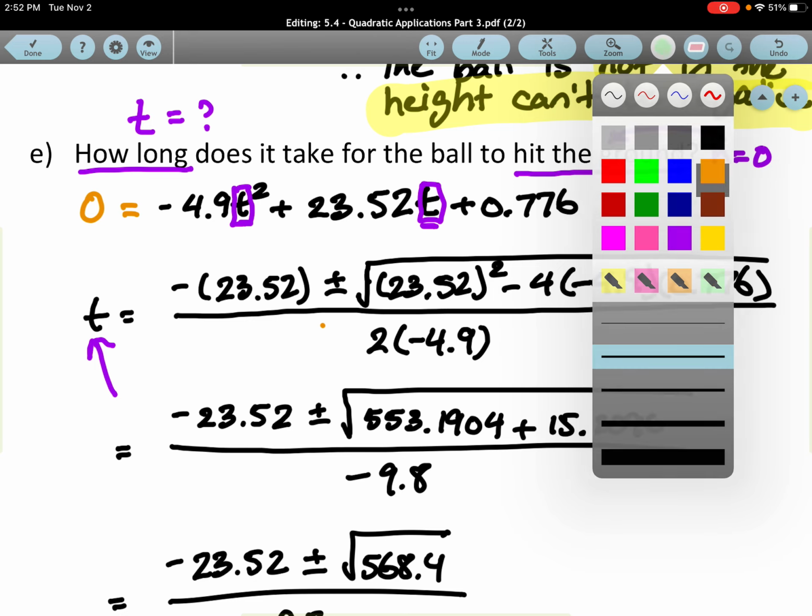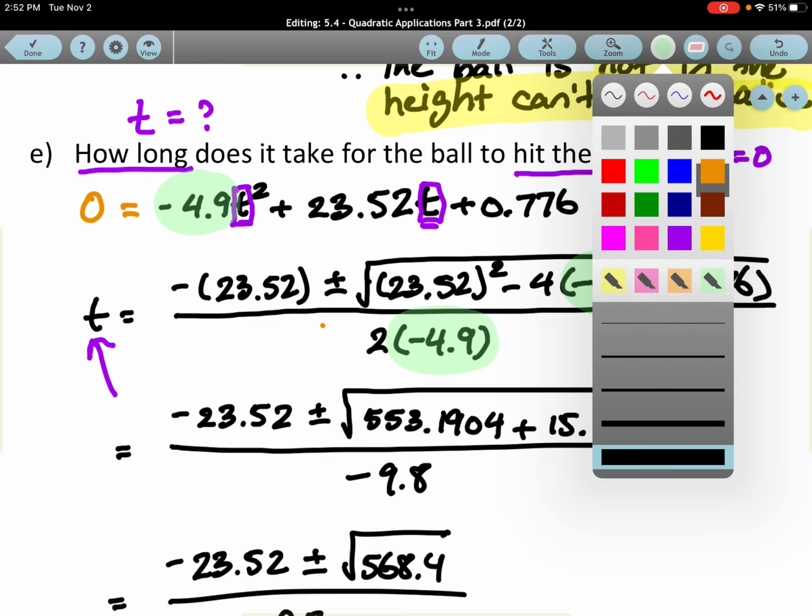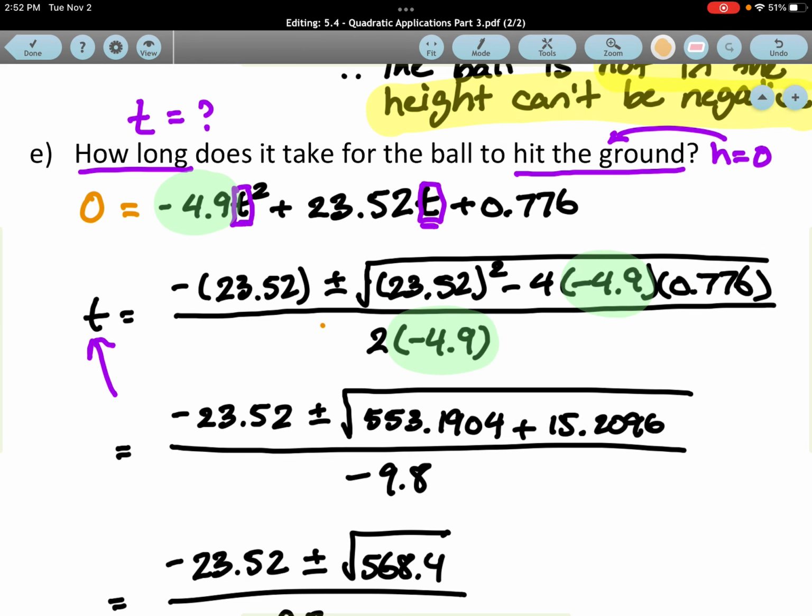So this is your A. Put it everywhere in the equation where you would find an A for your quadratic formula. Anywhere you see a B, you're going to put it into the B for the quadratic formula. And anywhere you see a C, you're going to put that number into the quadratic formula.